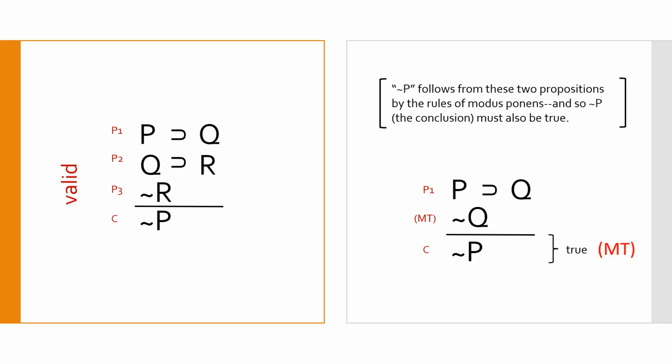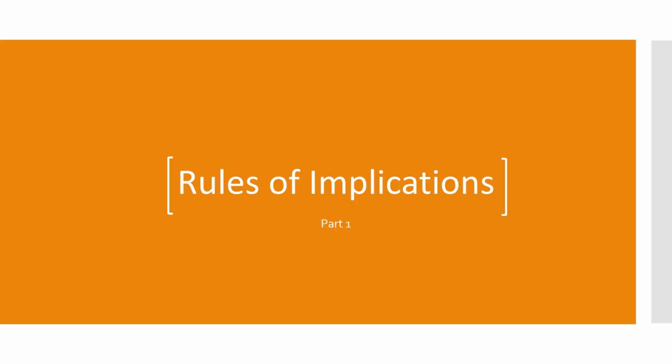And so we know that this is a valid argument. And we know it's valid because modus tollens is valid, and it is simply building itself out of these particular valid small syllogistic forms.